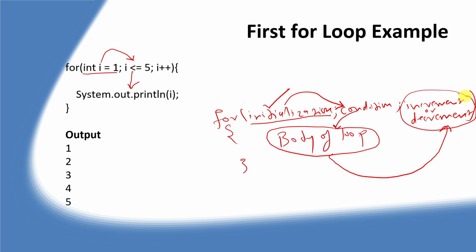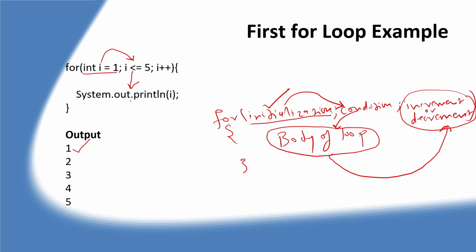So after execution of body, with I equals 1: initialization, then condition check 1 less than or equal to 5. Yes, correct. Then it will execute the body. That means it will print 1.